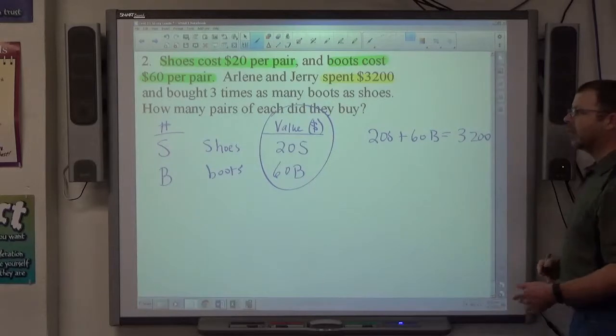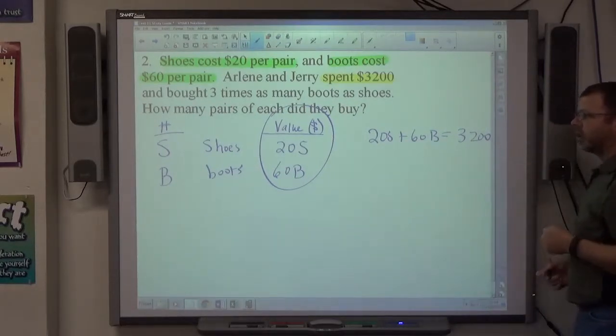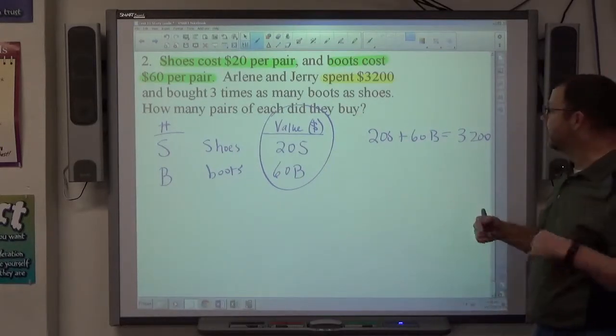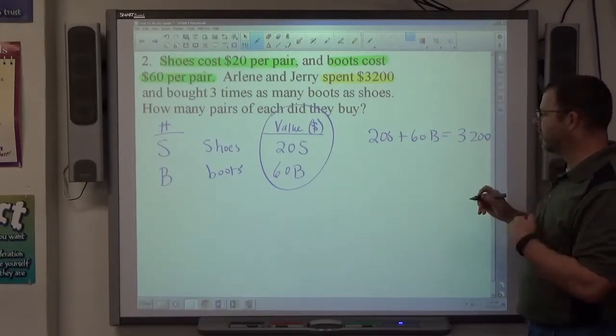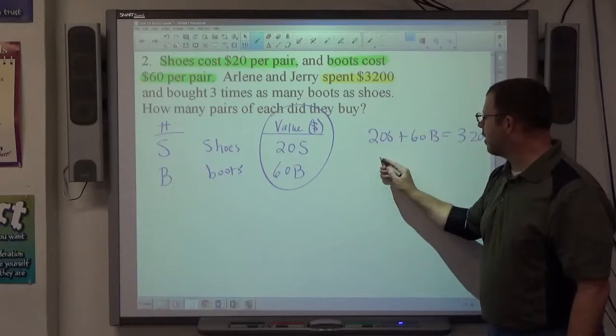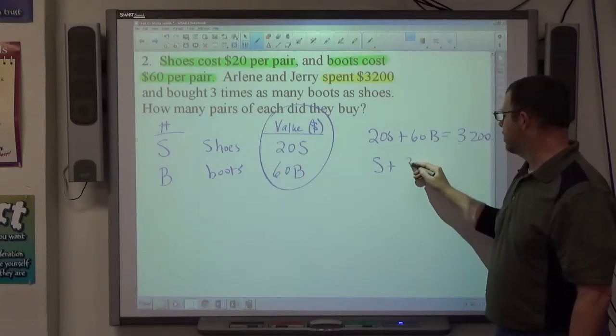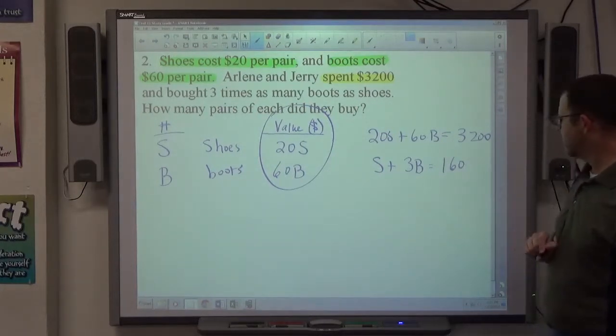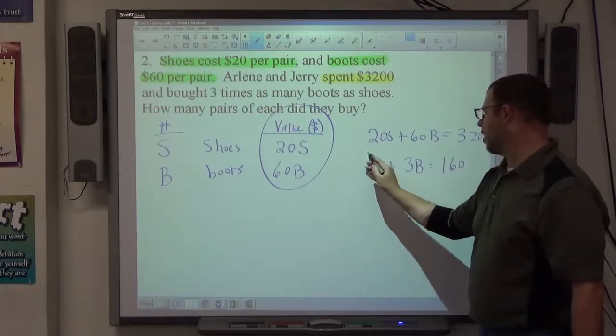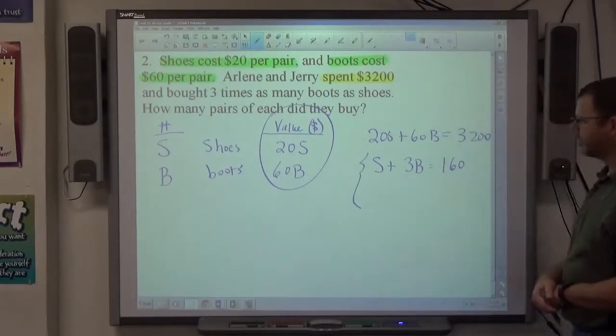You may or may not notice, but 20, 60, and 3,200 all divide by at least 10. But since it's even, and then the second digit even there, everything divides by 20. So if I do that, I'm going to get S plus 3b is equal to 160. Anytime you can get equations smaller in size, it's worth doing, so I would do that.